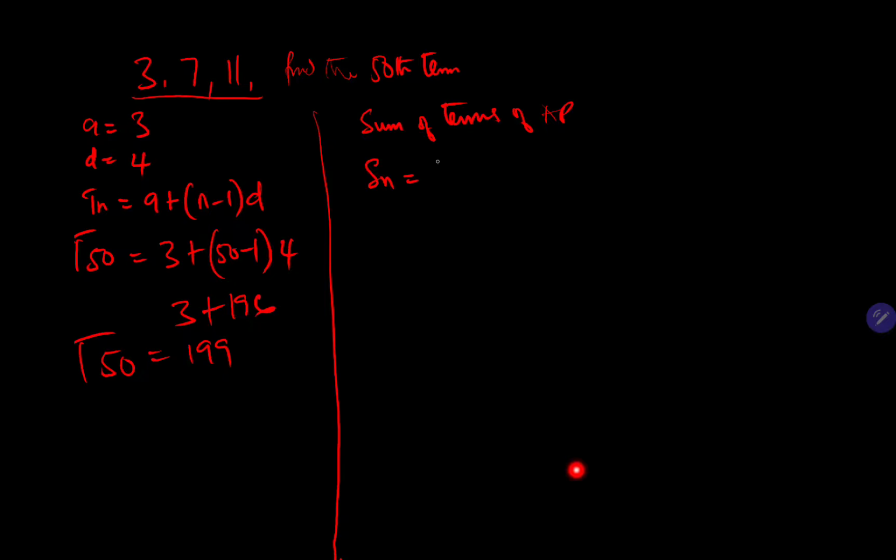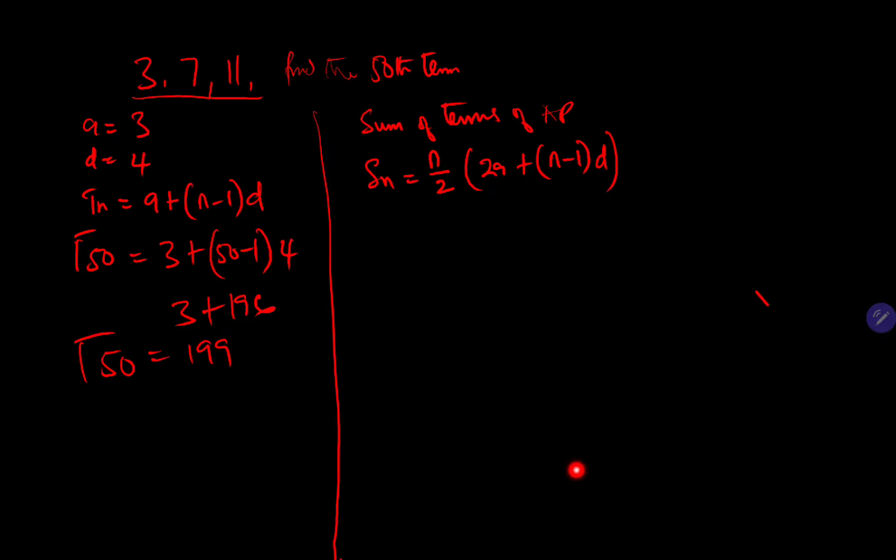We could get it by dividing the number of terms we are told to get by 2 and multiplying the first term by 2, then you add it to the number of terms minus 1 multiplied by what? The common difference. Yep. This should give you the sum of any number of terms you want.